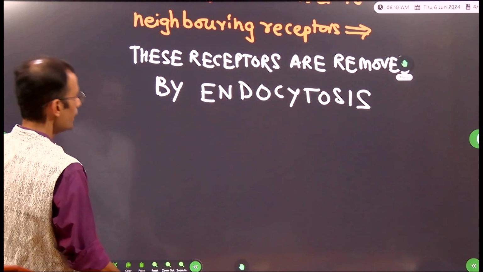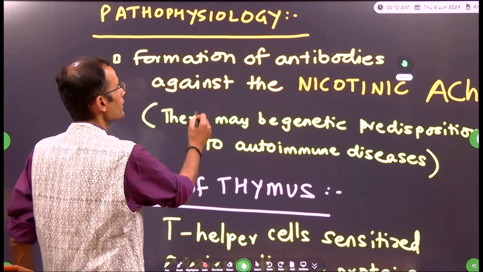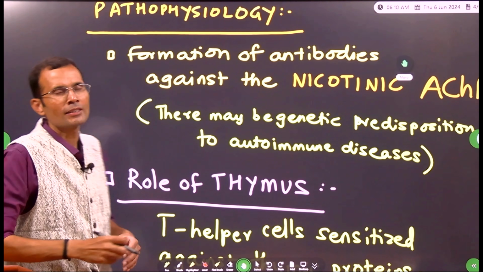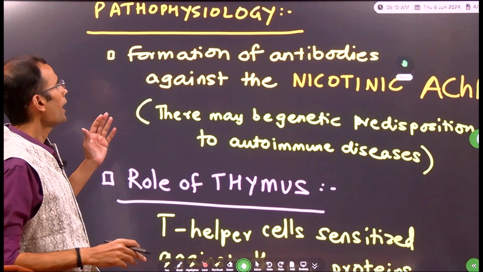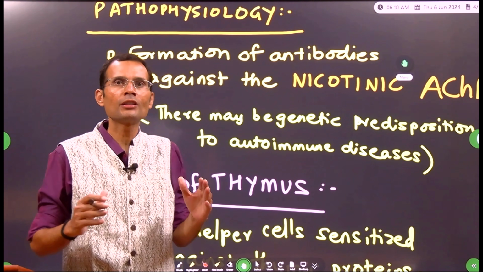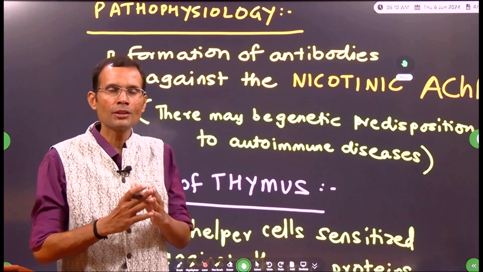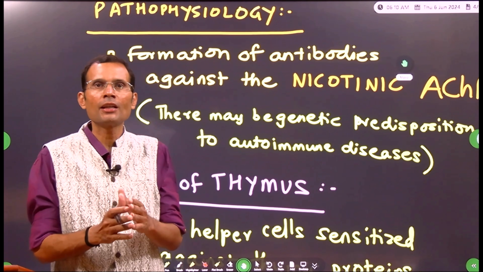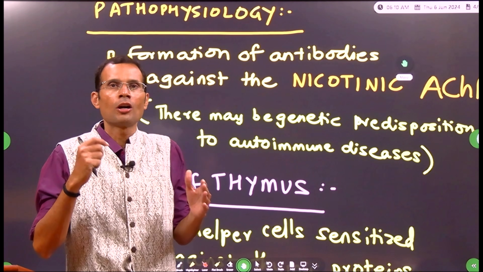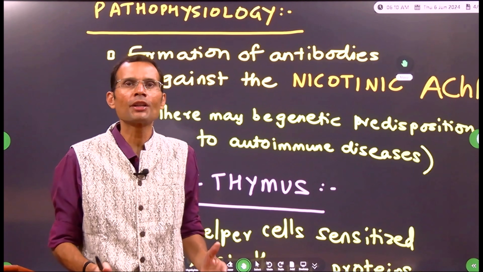Now let's see what actually happens in this disease, the myasthenia gravis. The pathophysiology: basically there is formation of antibodies against the nicotinic acetylcholine receptor. You must be aware that on the motor end plate, I mean in the neuromuscular junction, the muscle membrane has these acetylcholine receptors which are of nicotinic type.